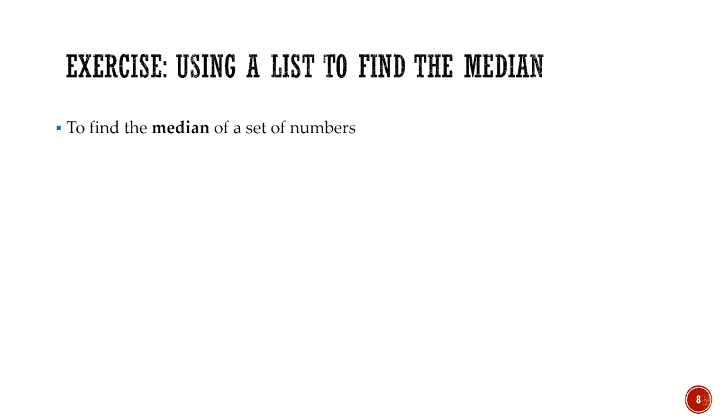Now here's an exercise for you to wrap up our discussion about list. Here we want to use a list to find the median value. So a median value divides the data into half. So we want to find that middle point. Let's assume that we have a sequence of numbers. Because it's a sequence of numbers, we can use list as a data structure, and we can calculate the median.